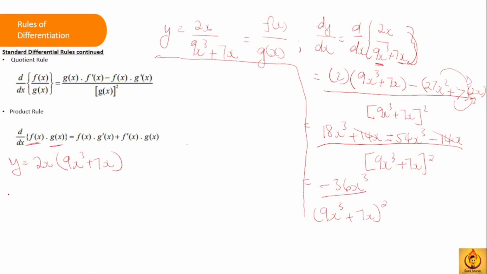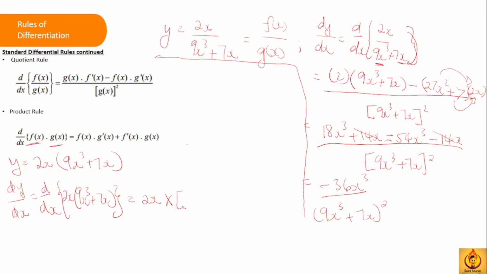Now, the derivative of this function defined by 2x multiplied by 9x cubed plus 7x is going to be equal to, right, first function, our f of x, 2x, multiplied by the derivative of the second function, which is g of x, which is 9x cubed plus 7x in this case.